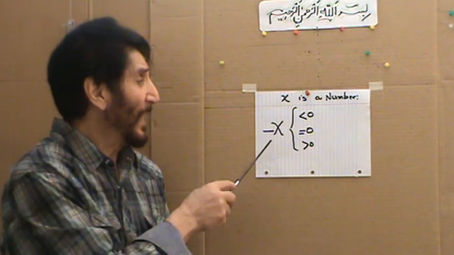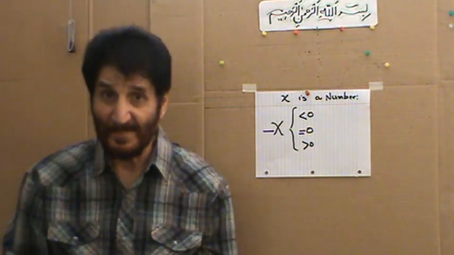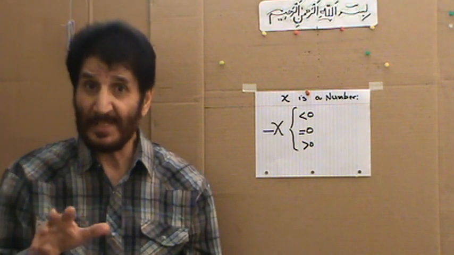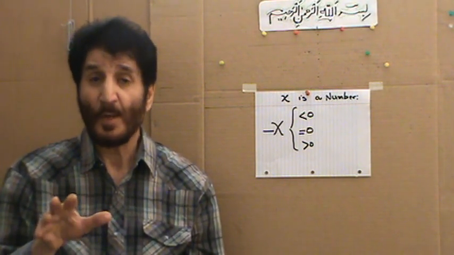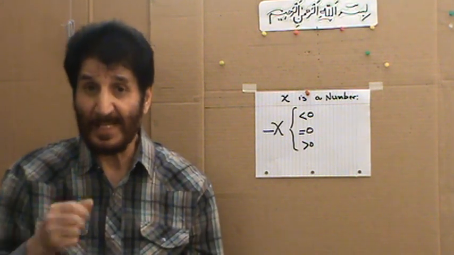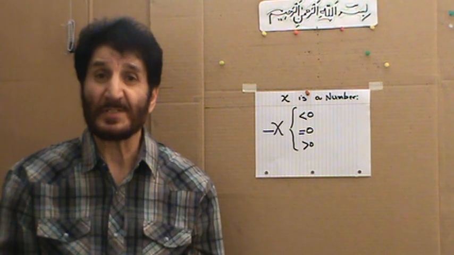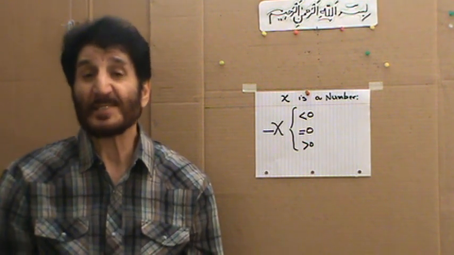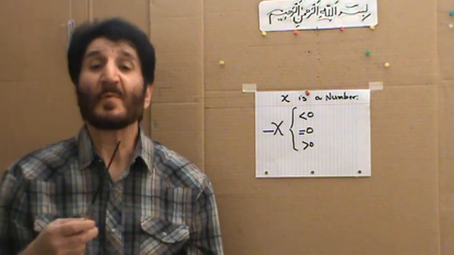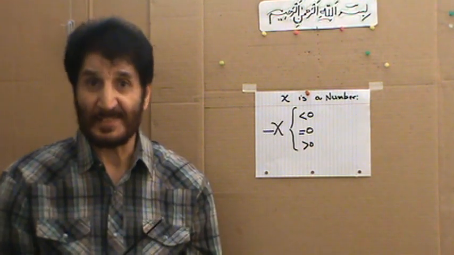When somebody asks what kind of number is negative x, mathematics takes all the possibilities under consideration, puts them into a conditional if-then statement, and then answers the question. This is what mathematics does. So he doesn't tell me what x is, I can tell you what negative x is.